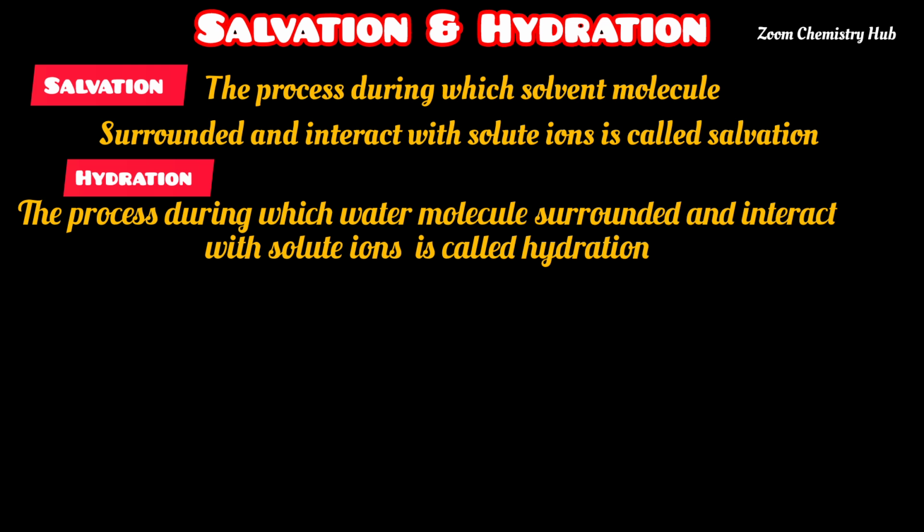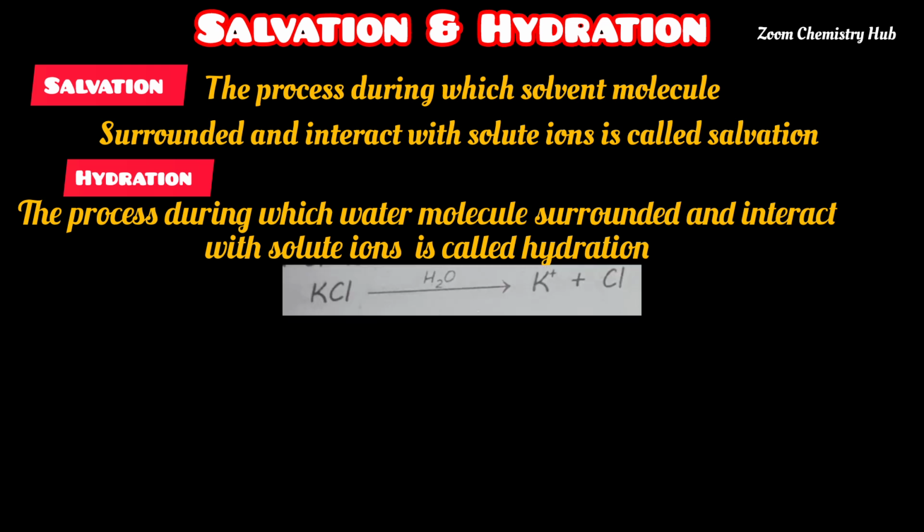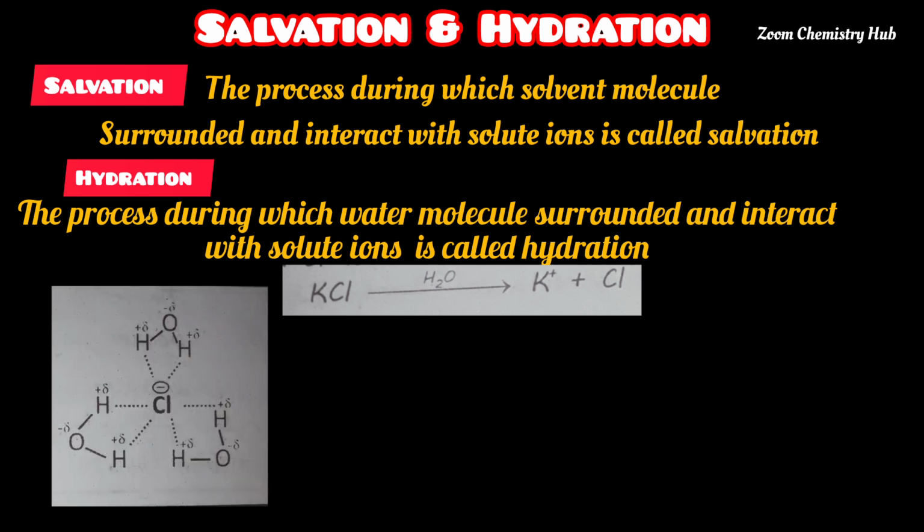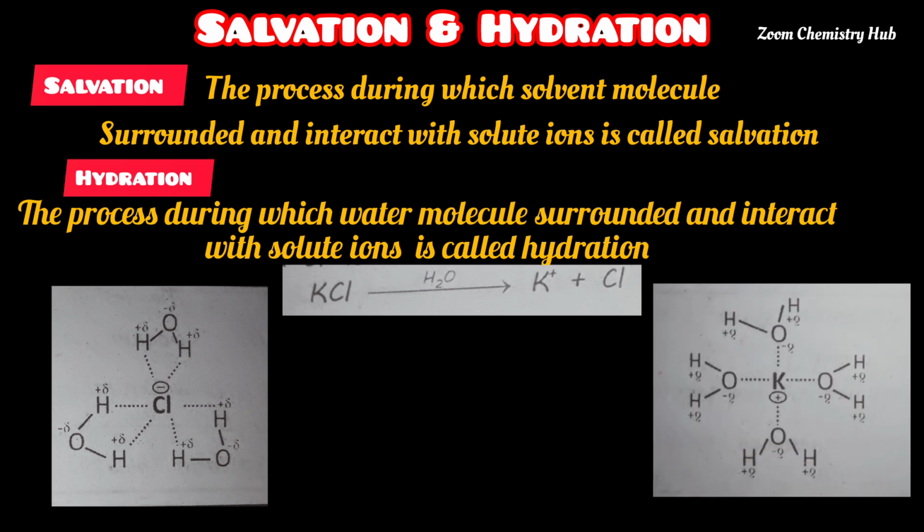We can explain it as, if an ionic solute is added to a polar solvent, the polar solvent, that is water, the positive pole of the solvent molecule attracts the negative ions, and the negative pole of the solvent molecule attracts the positive ions of the solute.